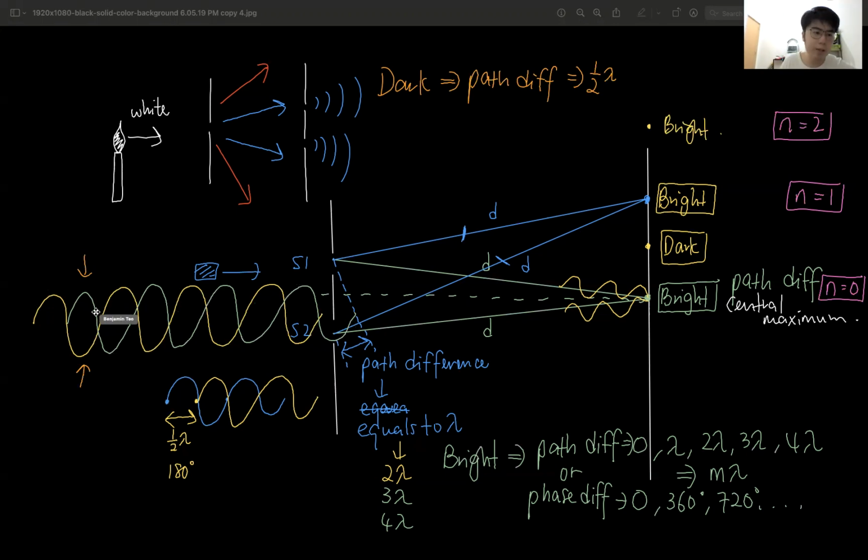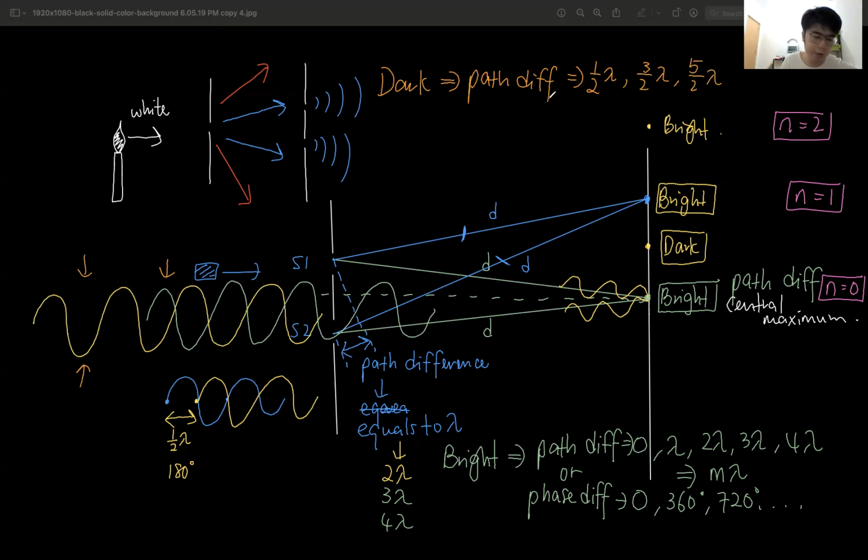After this, the next one is like this. This is 1.5. So we have half a wavelength, 3/2 wavelength, that's 1.5, and then 5/2 wavelength, and then carry on with 6/2 wavelength. All this forms the dark fringe, the destructive interference.